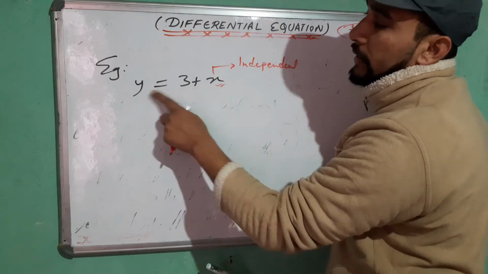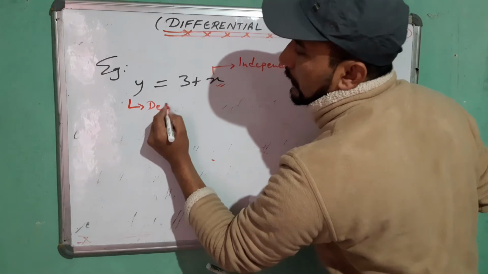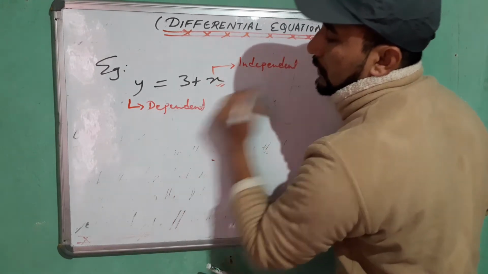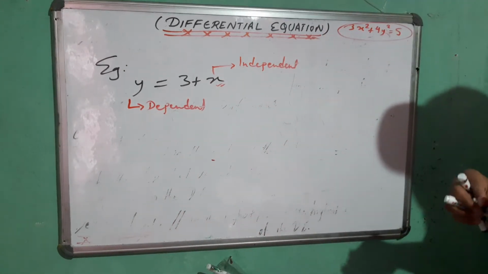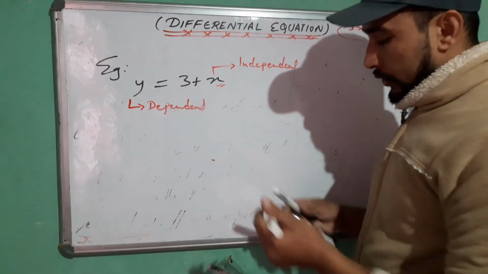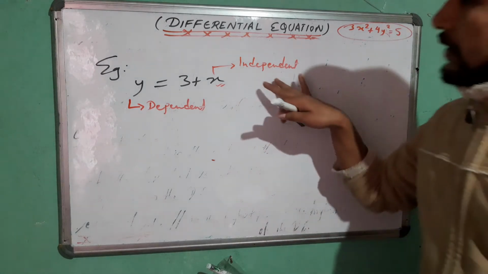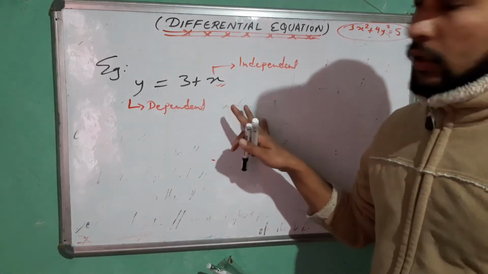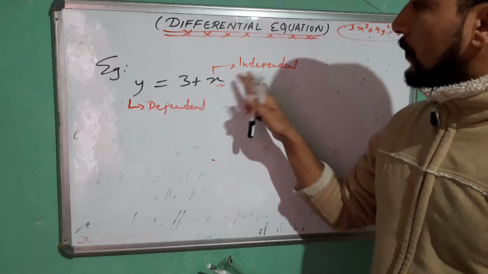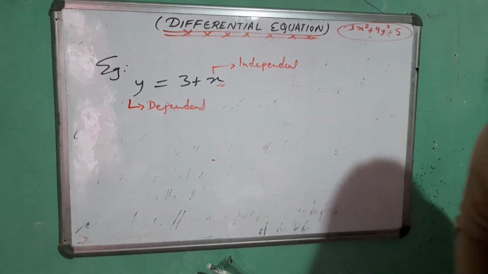If you put 3, y comes 6. So y is dependent. The variable which can assume any value is called the independent variable, and the variable whose value depends upon the value of the independent variable is called the dependent variable.